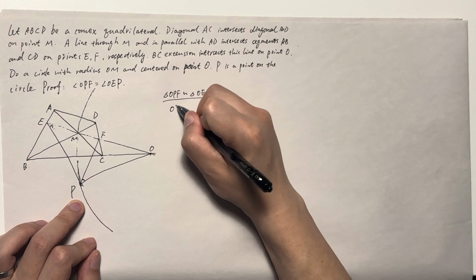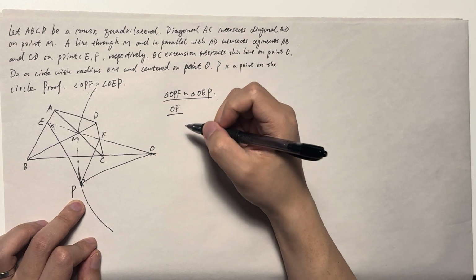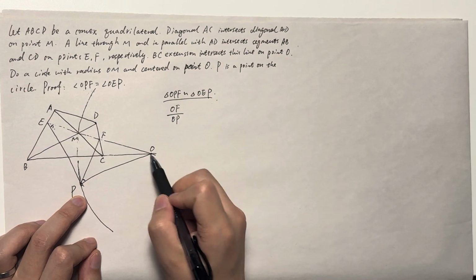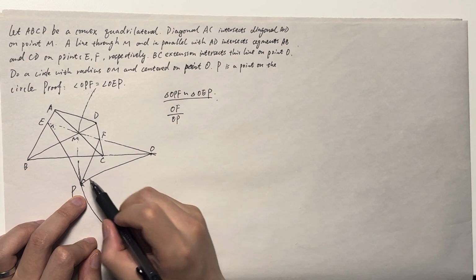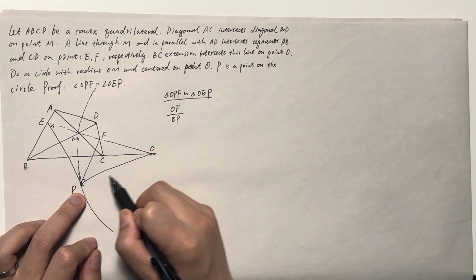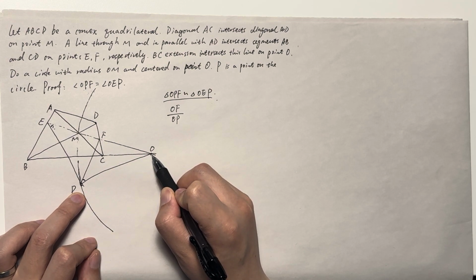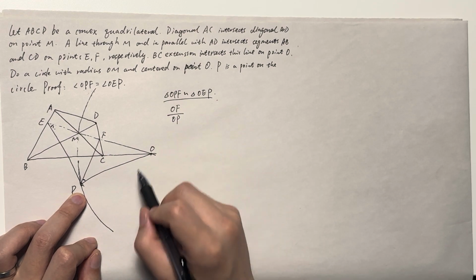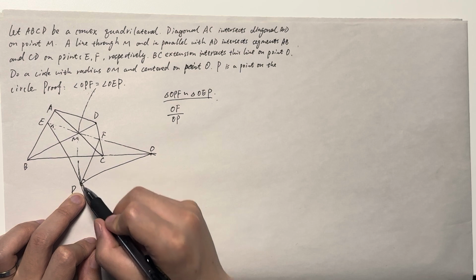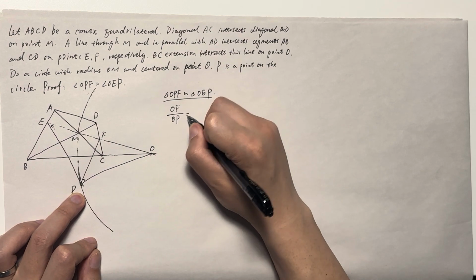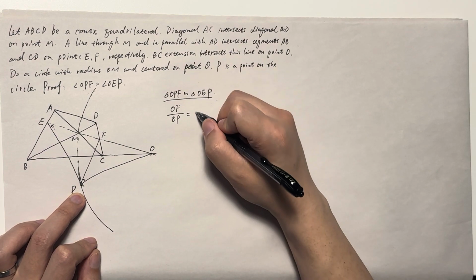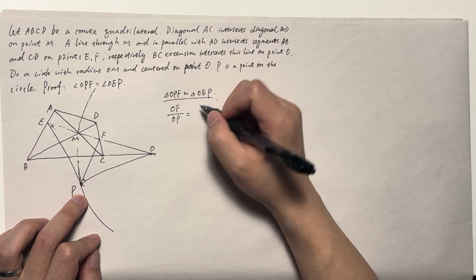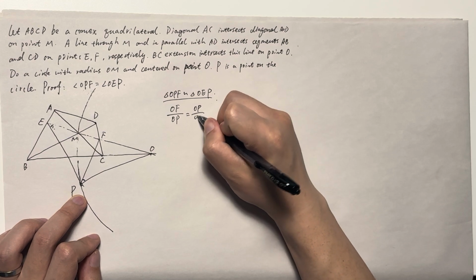We would say the ratio OF to OP, where OF is a side of triangle OFP and OP is a side of triangle OEP, should equal the ratio of OP to OE.